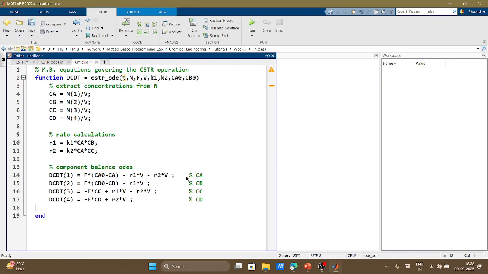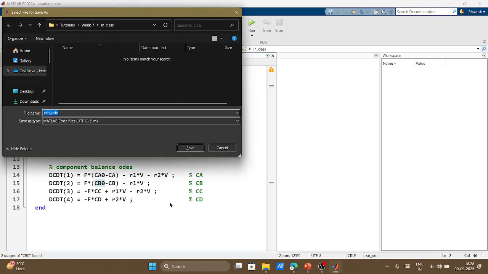Okay, so for the input of this function, we ask for n, which contains the mole data for all four components. From that we find the concentration by dividing through the volume. This concentration we use to compute the rate. Both rate constants are called here. Initial concentration of A and B is also called, and then we get the four differential equations, right? So this will be our CSTR ODE.